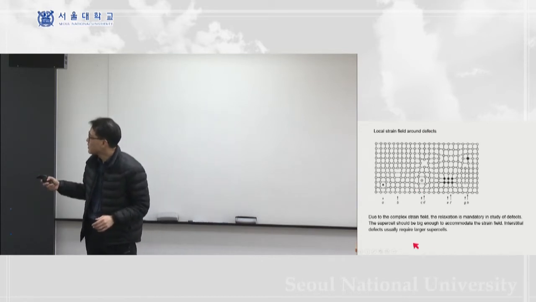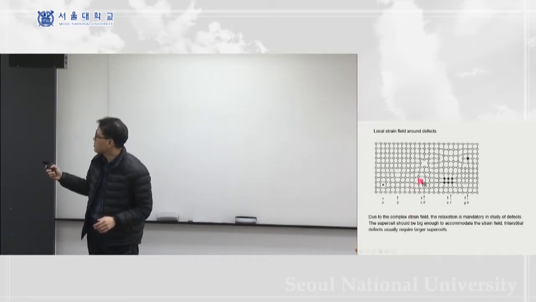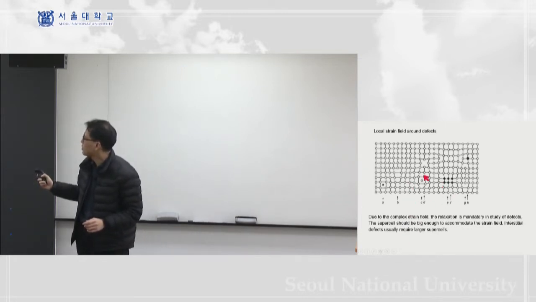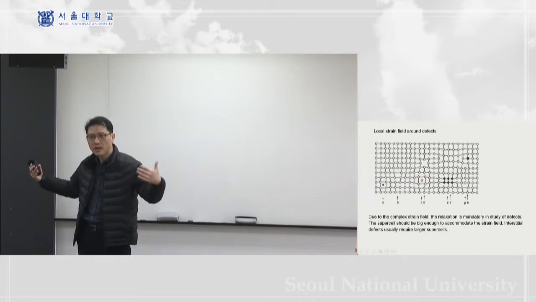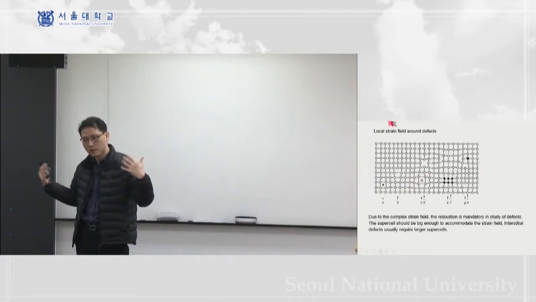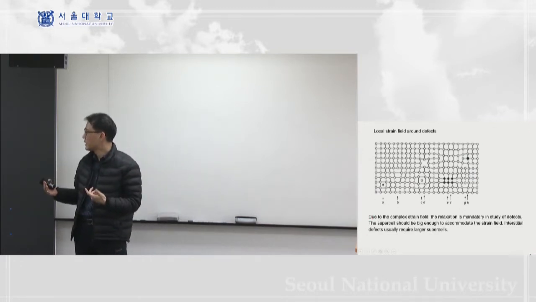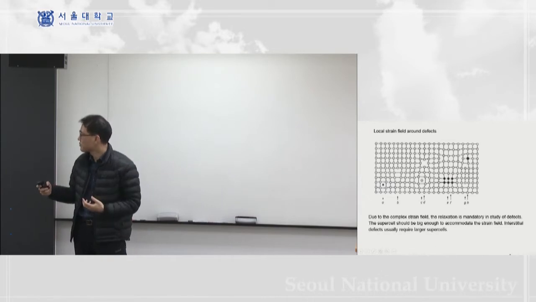Or, for instance, if you substitute one of the atoms with a smaller atom, then it can pull those surrounding atoms, which may result in compressive stress. So due to this complex strain field, it is necessary to relax the atoms for any kind of defect study.